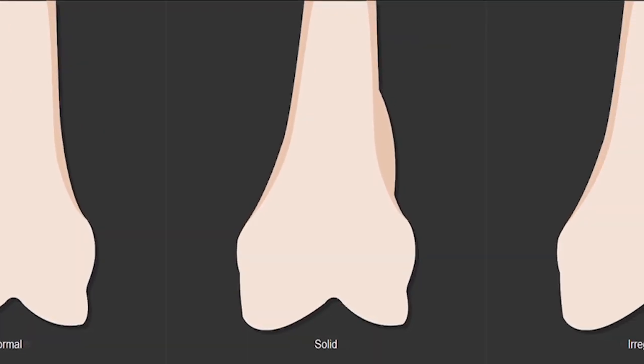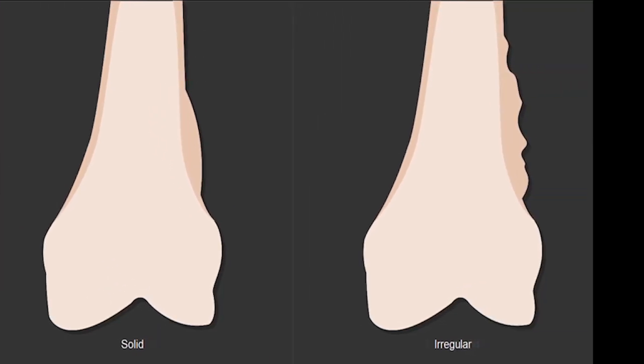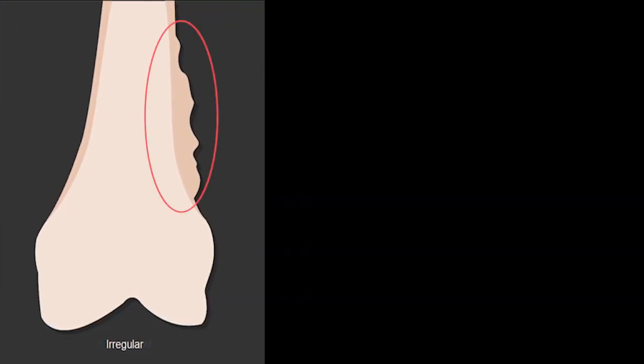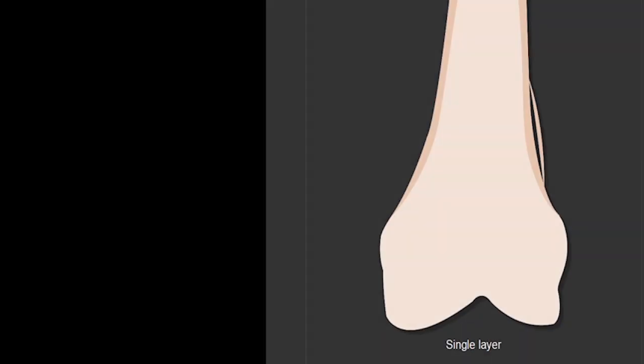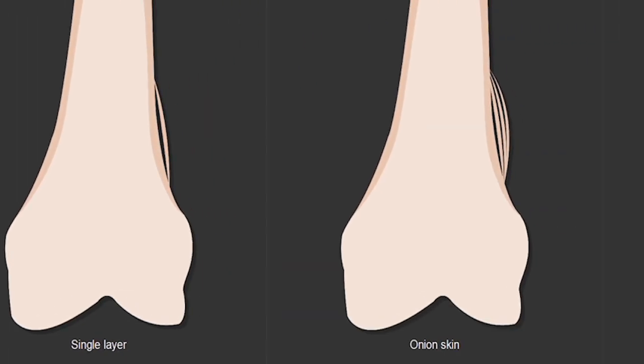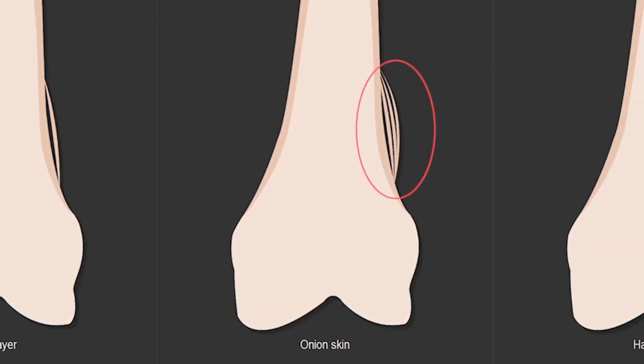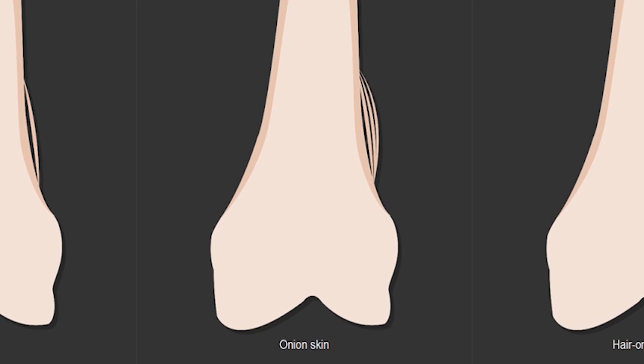You can see it is filled with some type of solid material. And this one is an irregular solid periosteal reaction. Now, this is single layer elevation of the periosteum, and in the very next diagram, layers are multiple, and we call it onion skin multi-layered periosteal reaction.